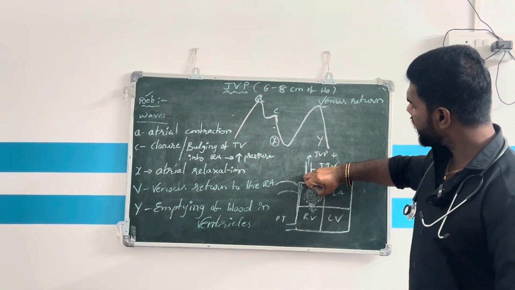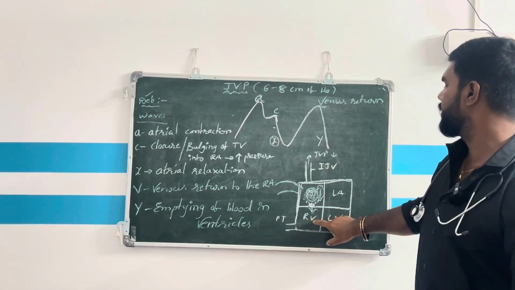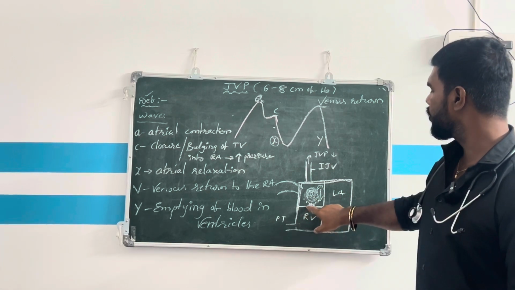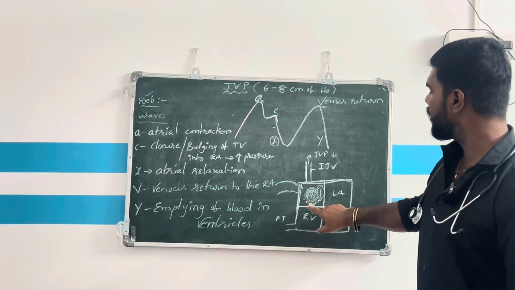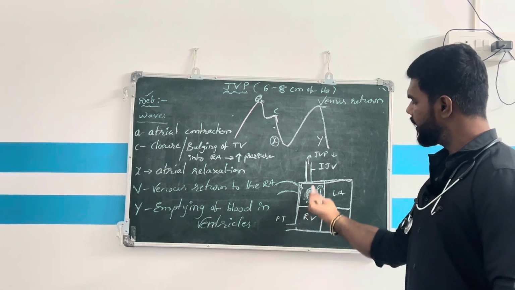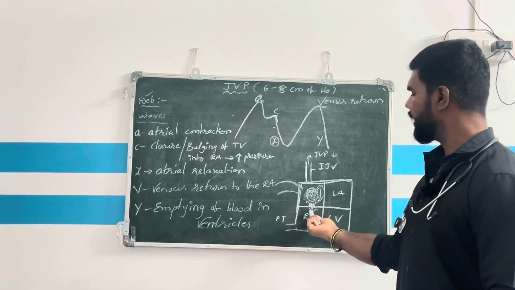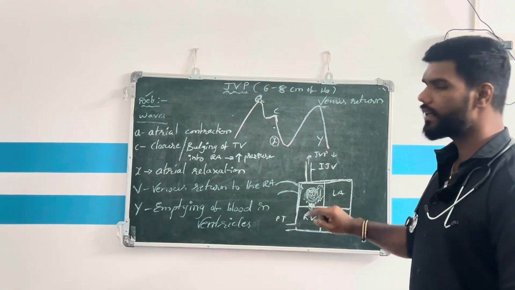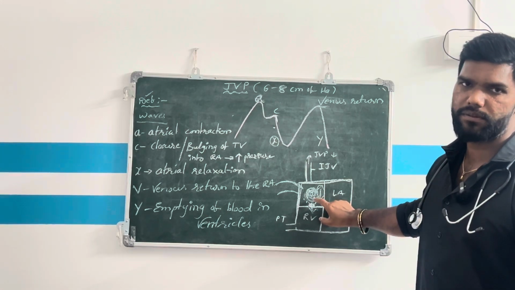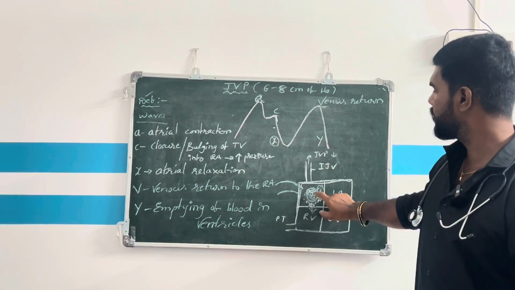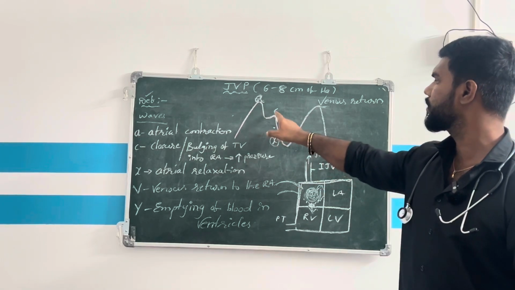After the atrial contraction, the blood is pumped into the right ventricle. It is followed by closing of the tricuspid valve. By the closing of the tricuspid valve, sometimes it leads to bulging of the tricuspid valve outwards into the atria, which mildly produces a small rise of pressure in the right atria, leading to an increase in the JVP, which produces the C wave.